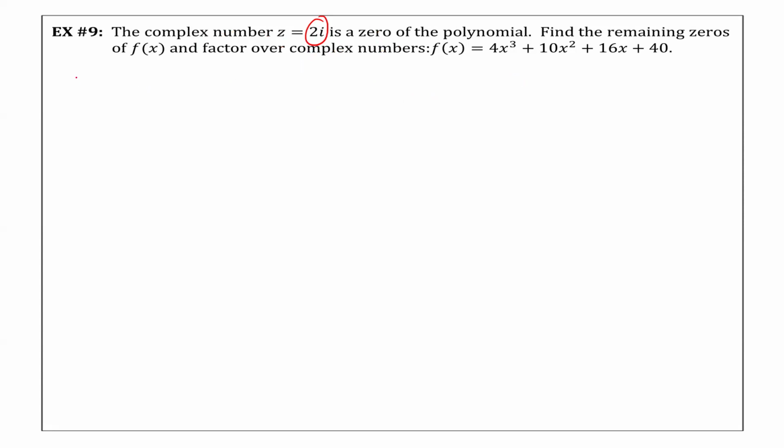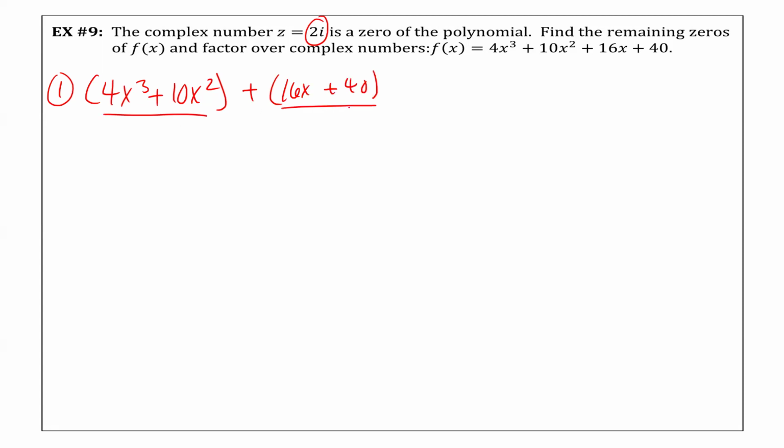So we're going to group our first term. We have 4x cubed plus 10x squared plus 16x plus 40. After we group, we're going to find the GCF of each term. The GCF of this term is 4x squared. The GCF of this term is going to be 4. So I factor that out.